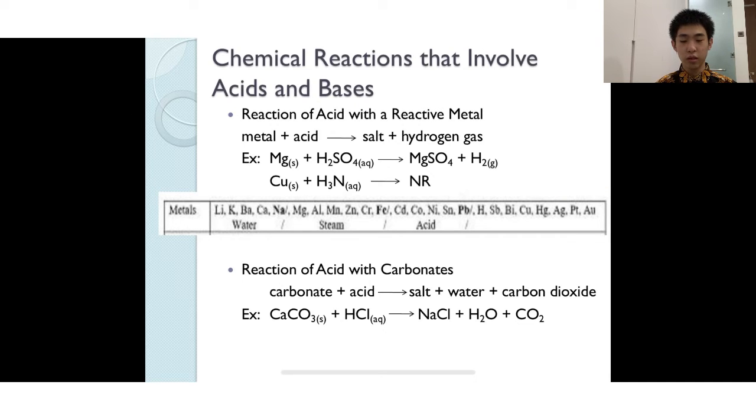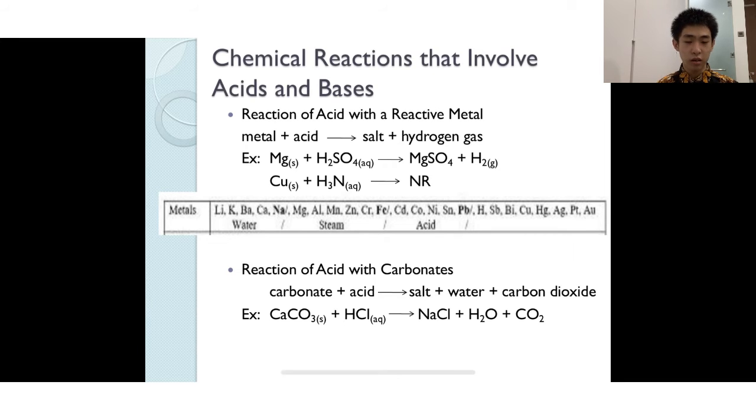So, to know which metals are reactive enough to react with acid and replace hydrogen from the acid, we should see the acid mark between lead and hydrogen.